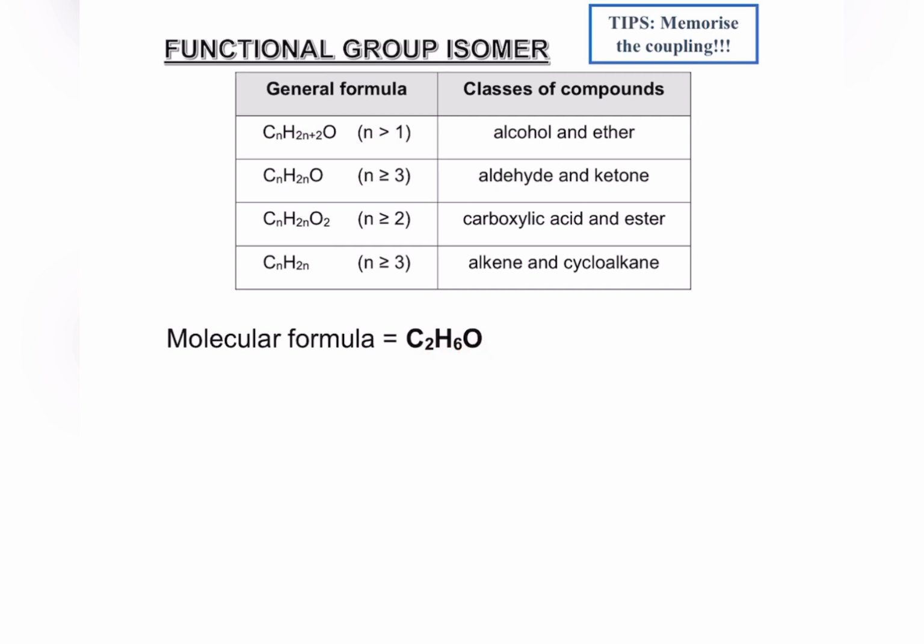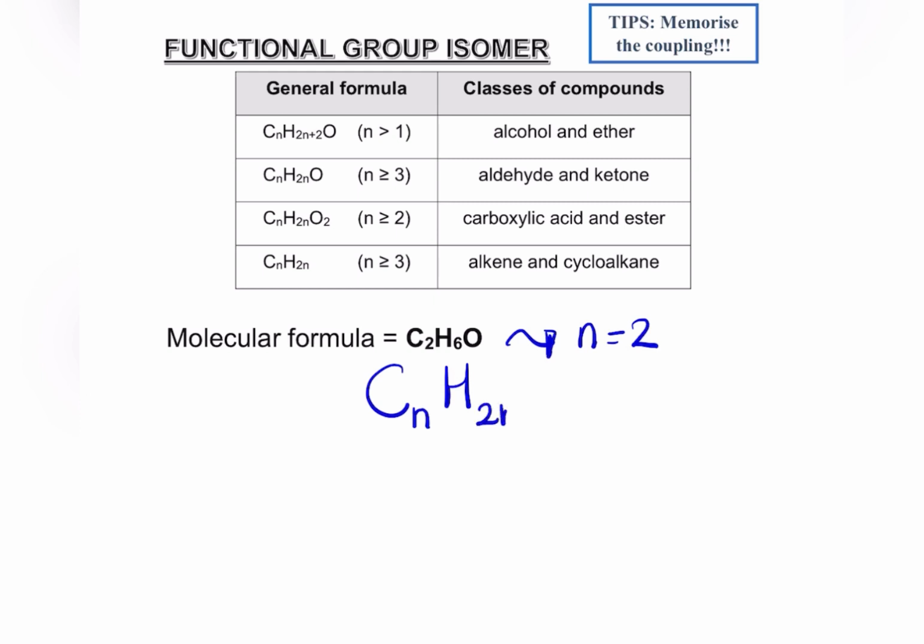C2H6O. As you see from here, your general formula has n equals 2. So when n equals 2, this is going to be your first general formula for carbon. And the next part will be H2n plus 2, followed by O. When n equals 2, you add up the formula and you will get C2H6O.